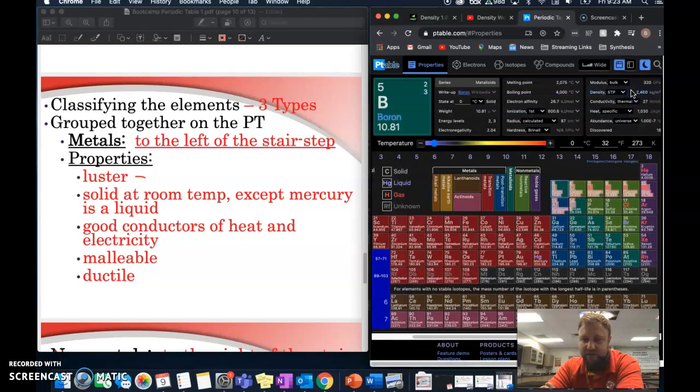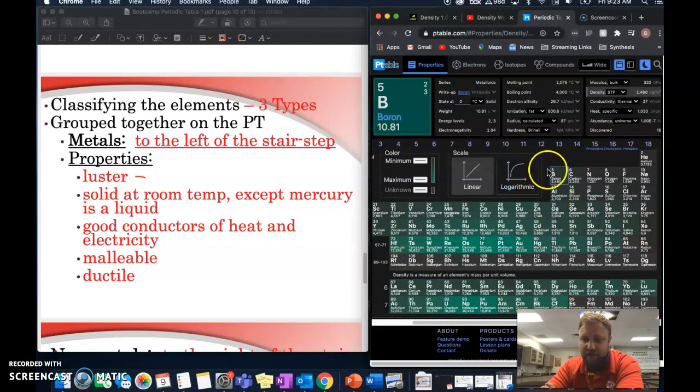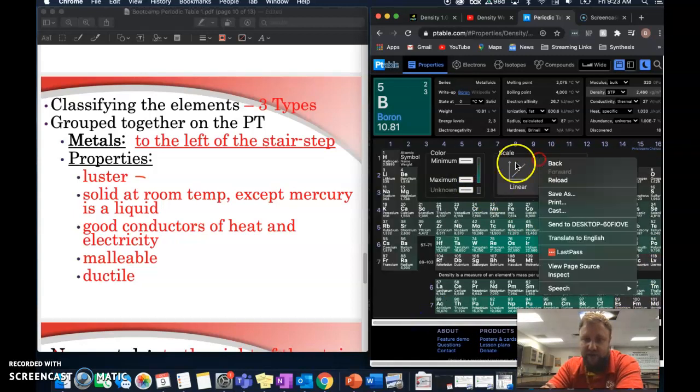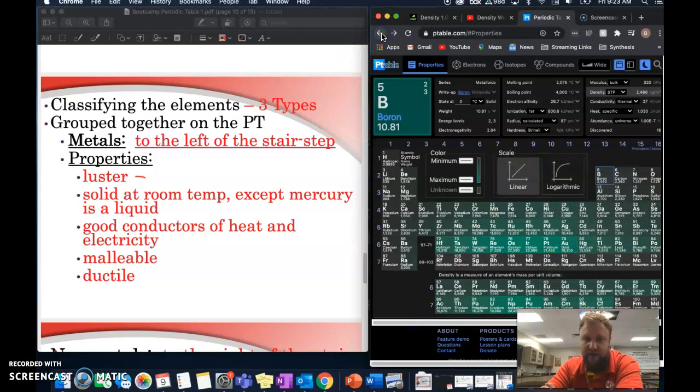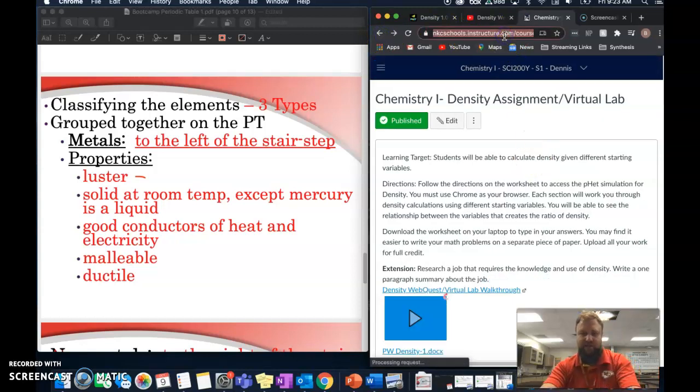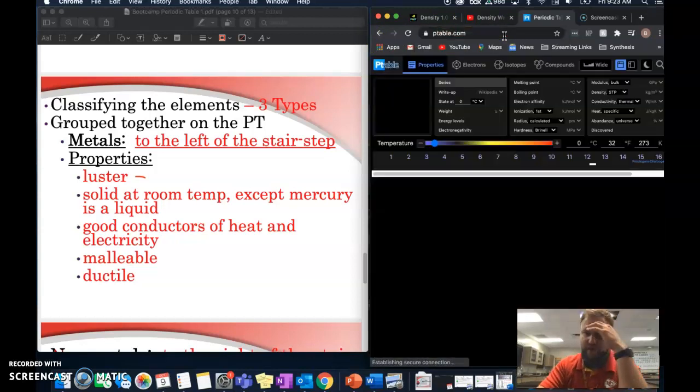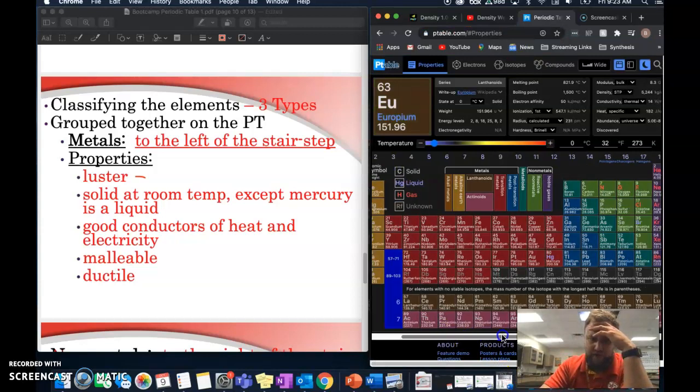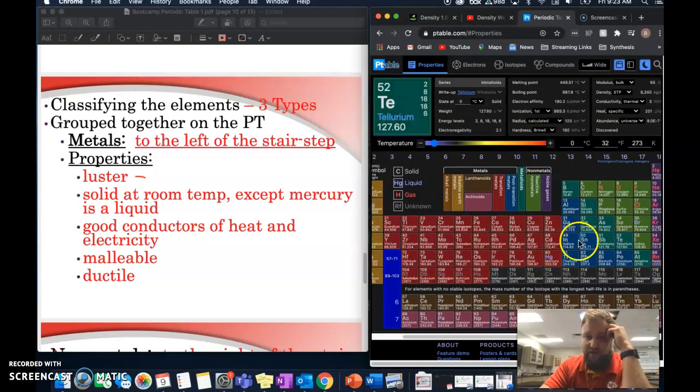Boron, it runs right around here. So everything to the left of our stair step is going to be our metal.